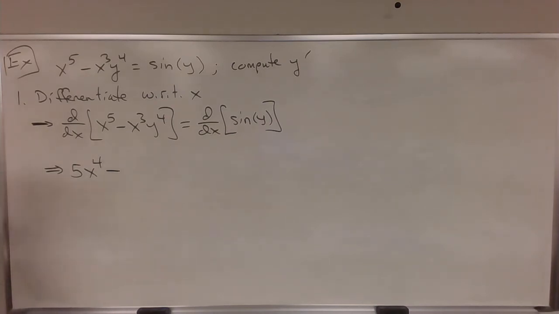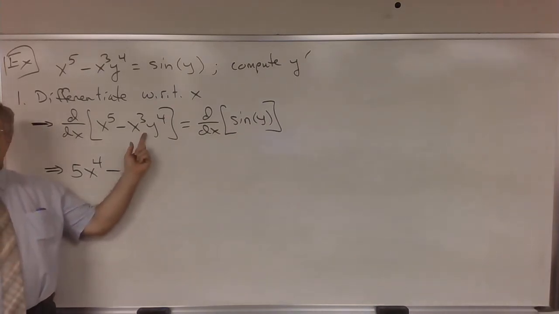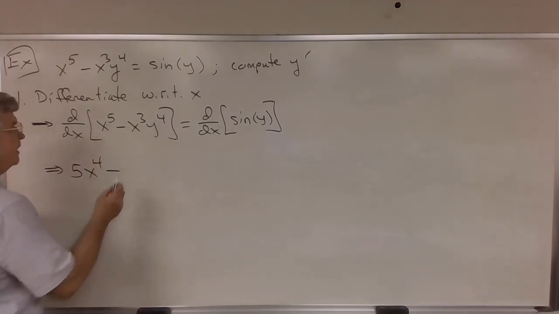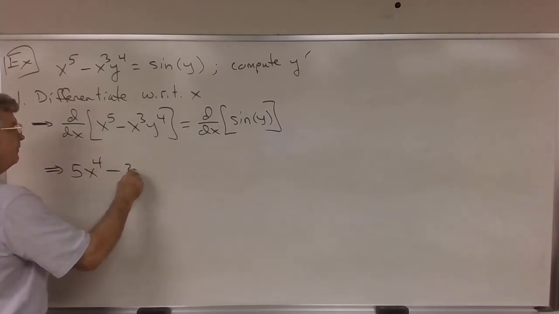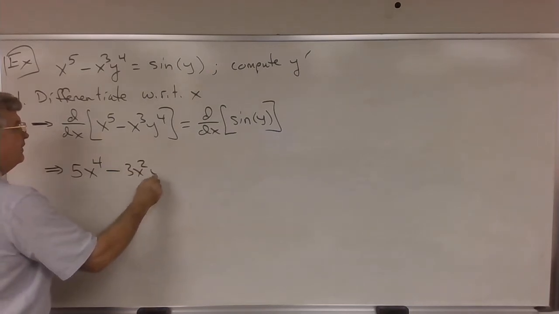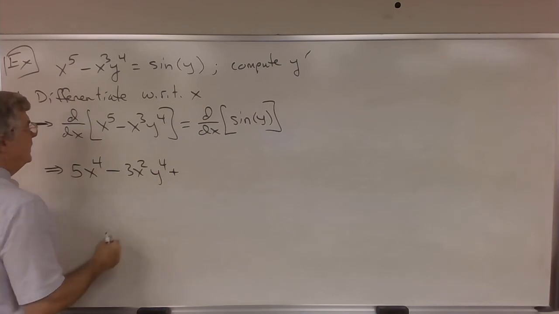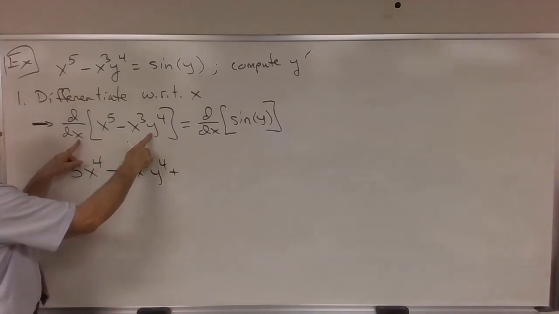Now, this thing, we're not going to fall for the same trap twice, are we? It's a product. We have to use the product rule. So first prime times the second plus second prime. And here the variables are different.